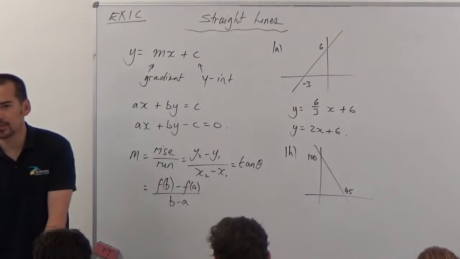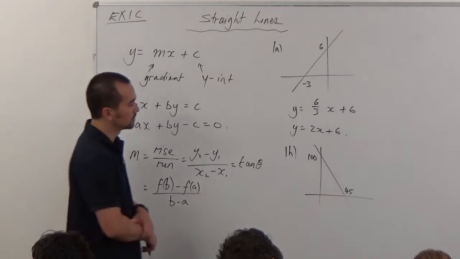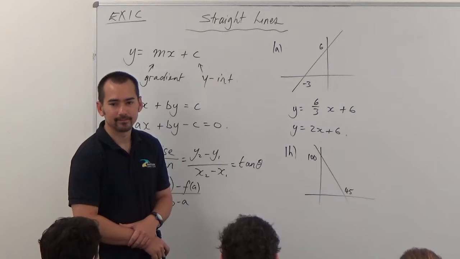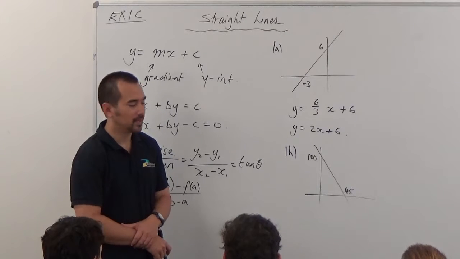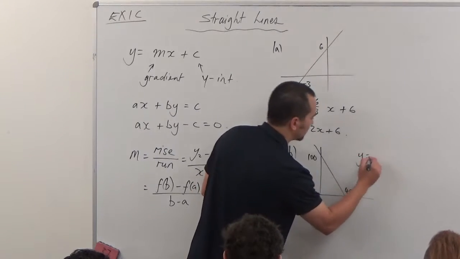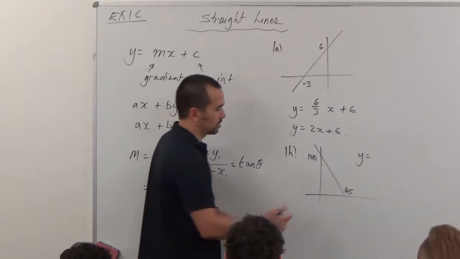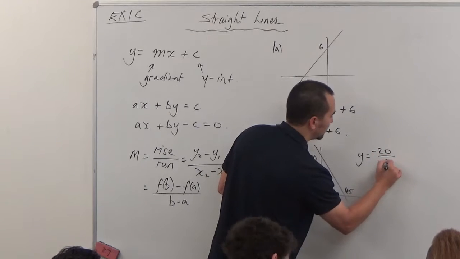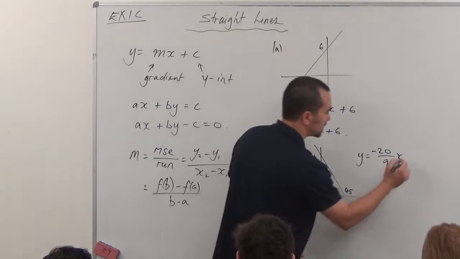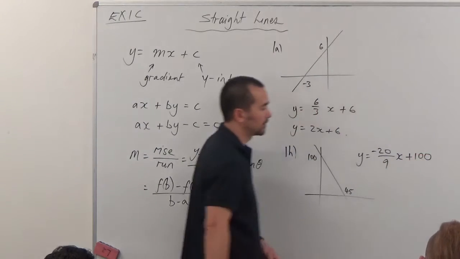What's the equation of this line? Go on, Bella. Negative 20 over 9x plus 100. Okay.